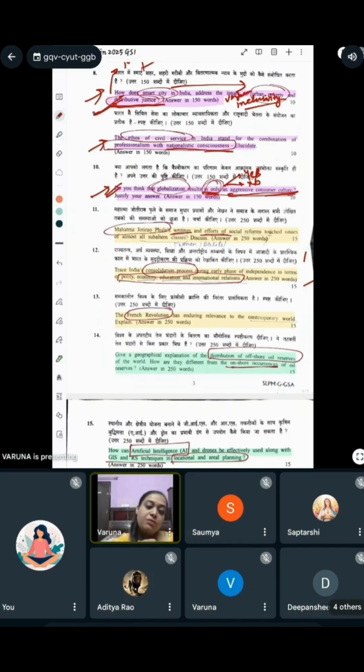Globalization is one of the favorite topics of UPSC for GS1 mains. If you go through the PYQs, you will definitely gauge this theme and must have prepared this topic.